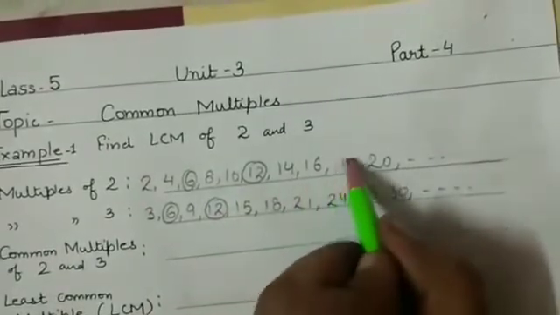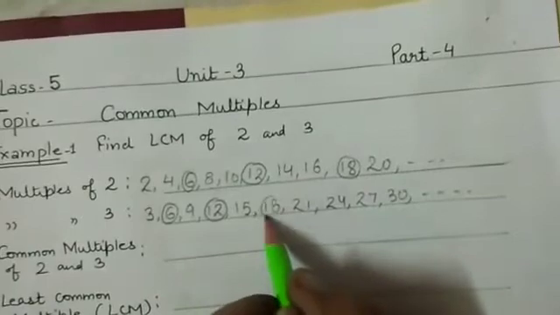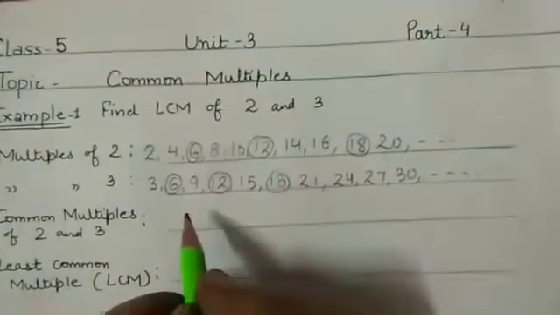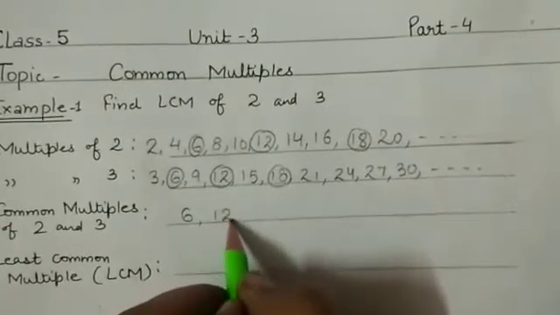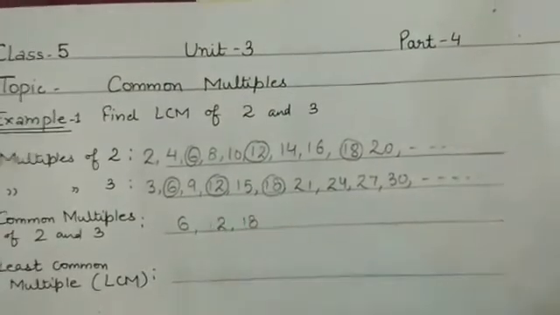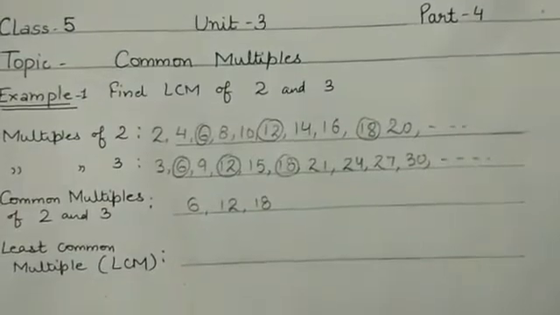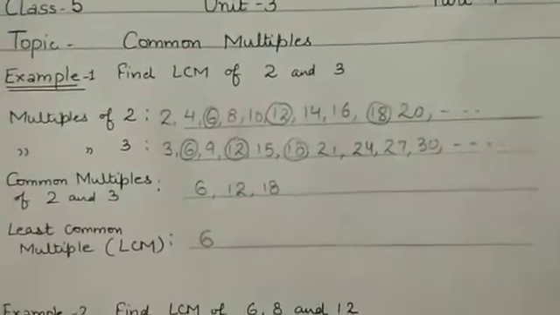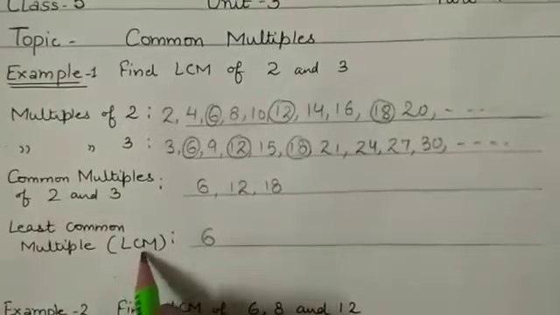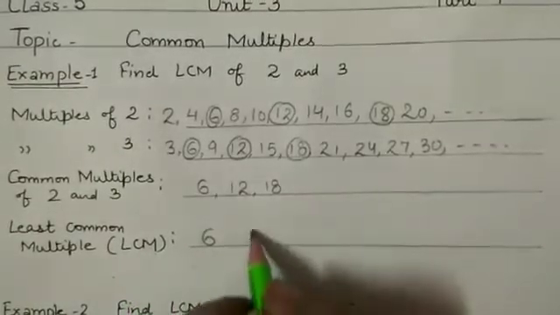And same, our next number is 18 here also. Now we have got 3 common multiples: 6, 12 and 18. Now from these common multiples, 6 is the least common multiple. So our LCM is 6.